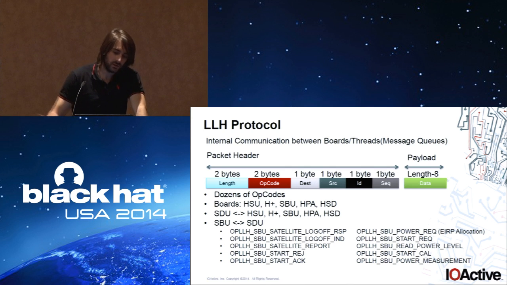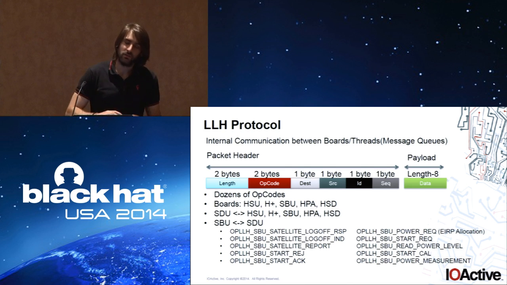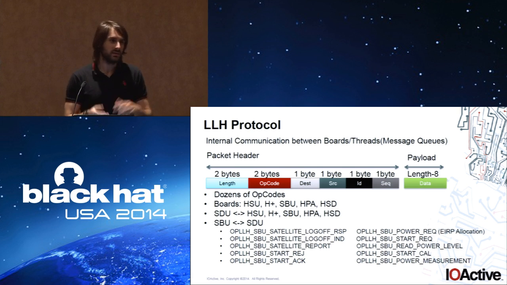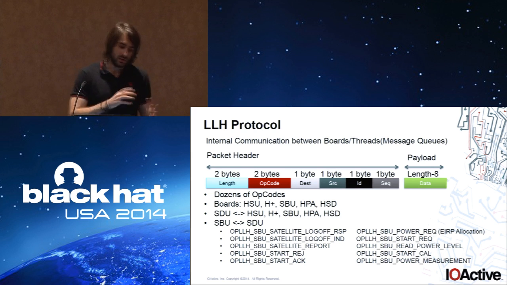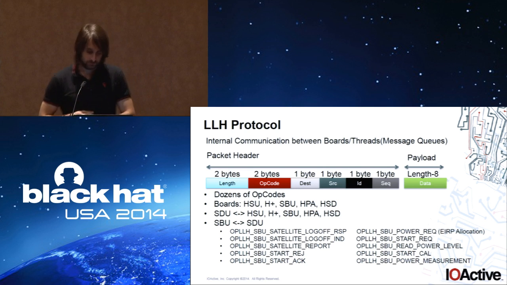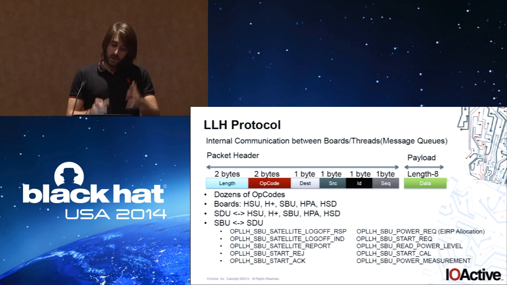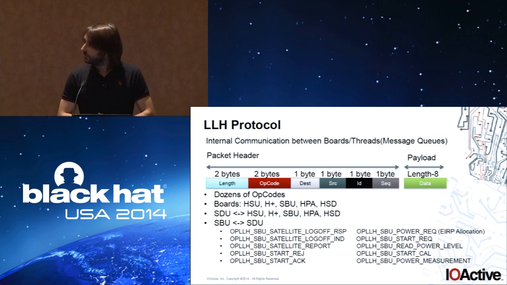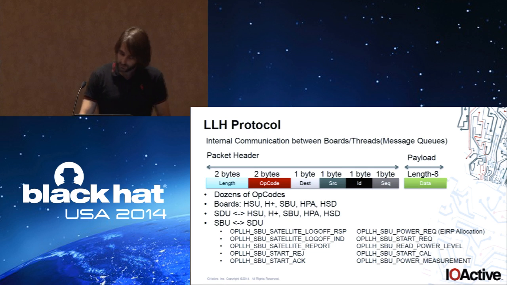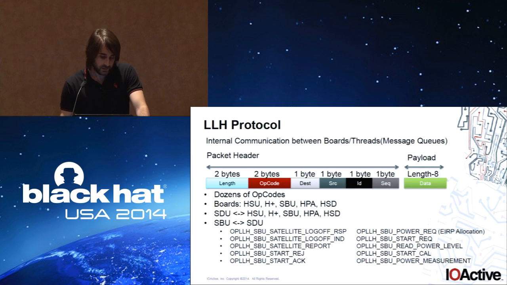So there are several boards in the different units, SDU and SBU. For example, the SBU can talk only with the SDU. The SDU can talk with so many boards. And in the slide, you can see the kind of functions you can invoke from the SBU and the SDU.